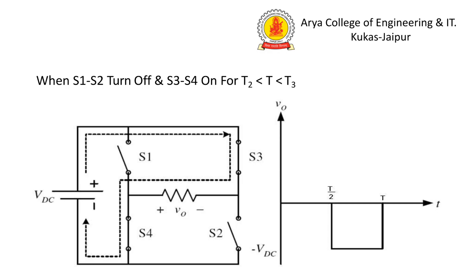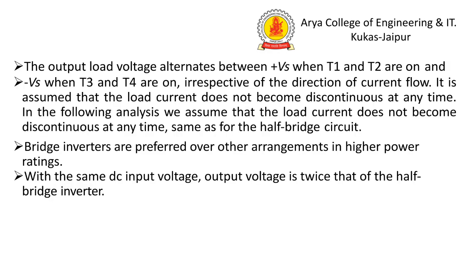Then the output voltage occurs in the negative half. The load voltage alternates between plus Vs when T1 and T2 are on, and minus Vs when T3 and T4 are on, irrespective of the direction of current flow.